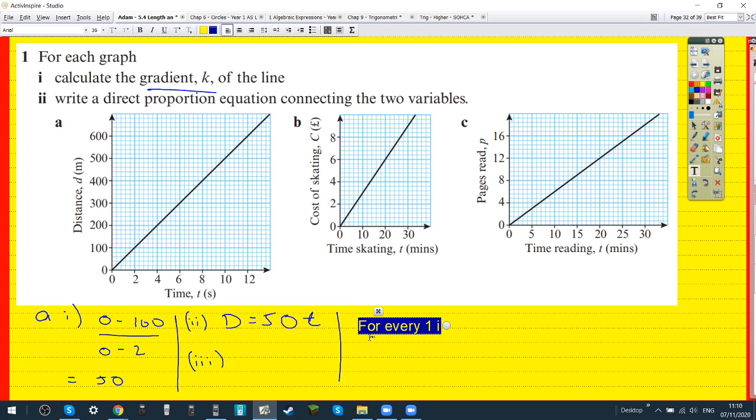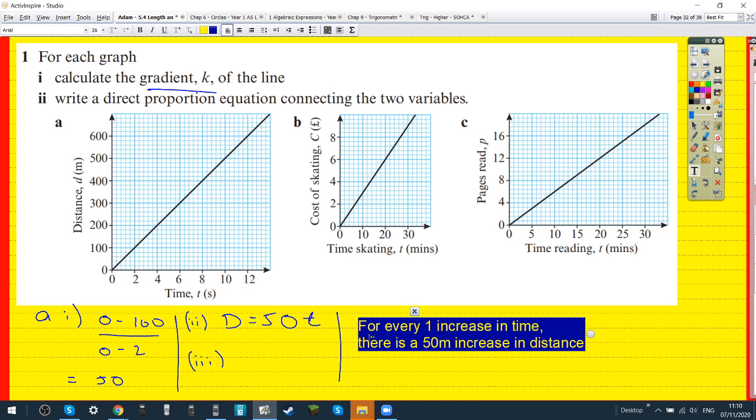So for every 1 increase in time, distance increases by how many meters? 50. Yeah, there's a 50 meter increase in distance.